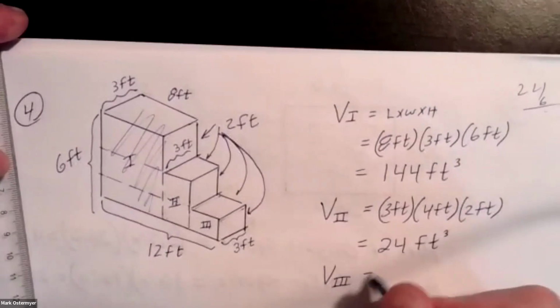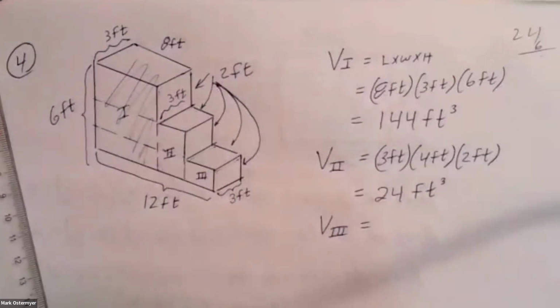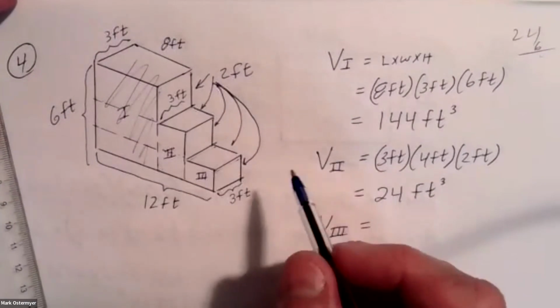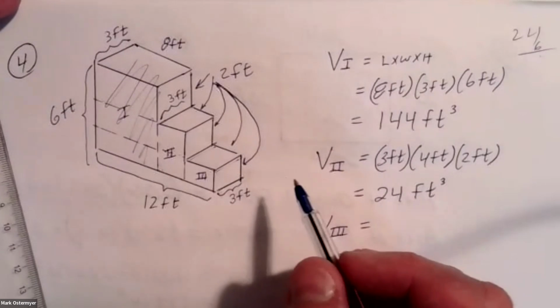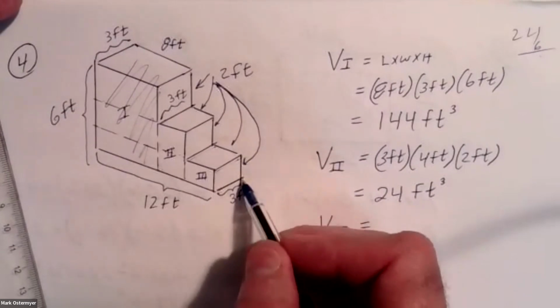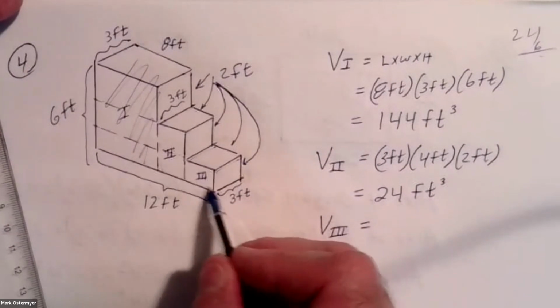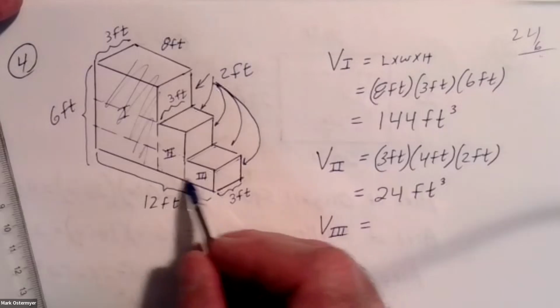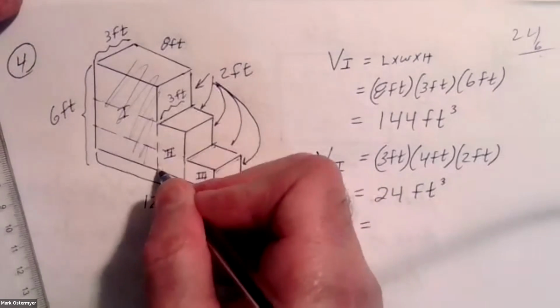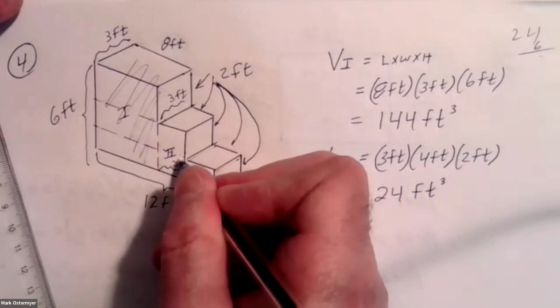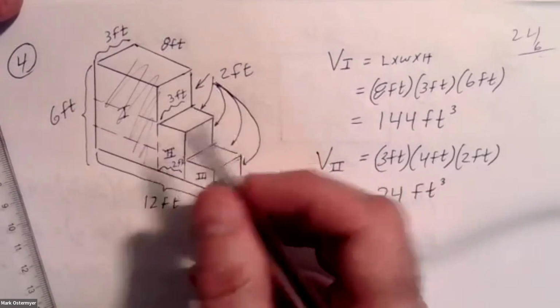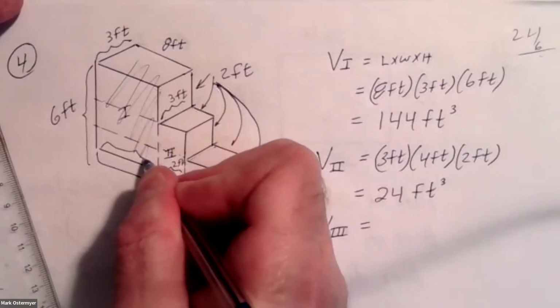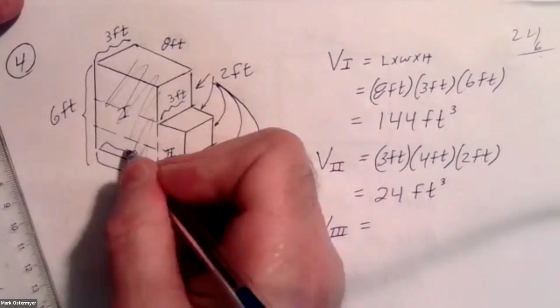Volume of box 3. Box 3 is a small little box down here. And what would it be? This is 3 feet. This is 2 feet. But what's this? Well, look at, we know here to here is 2 feet. We know here to here is what? 8 feet.